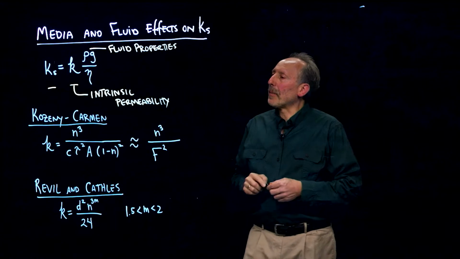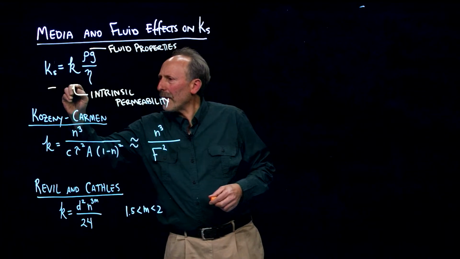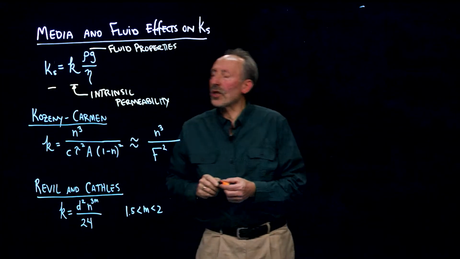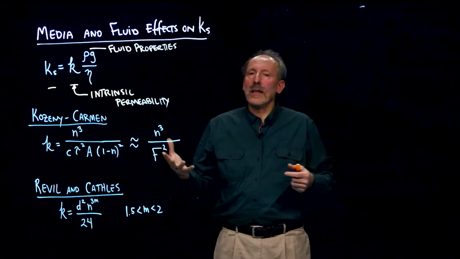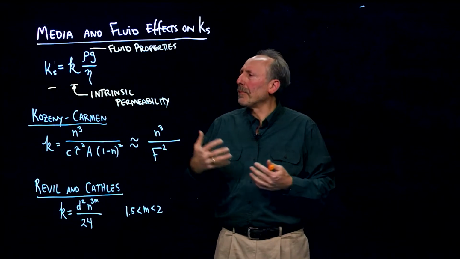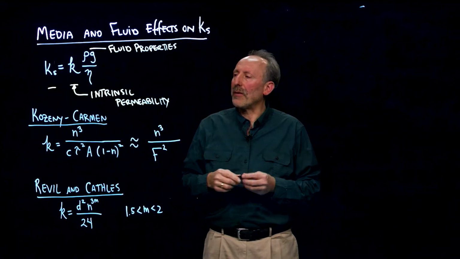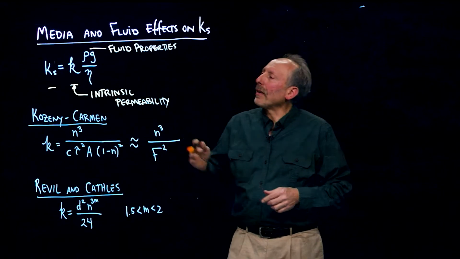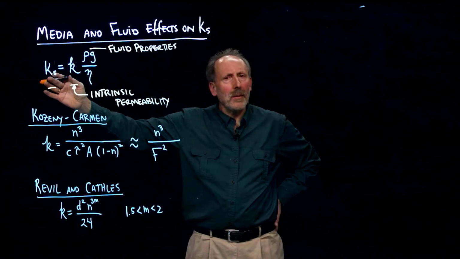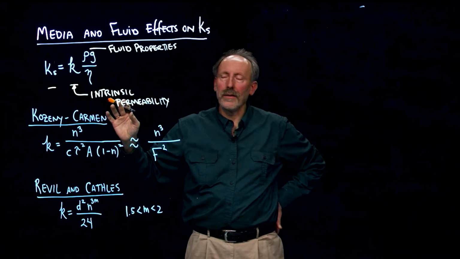So the intrinsic permeability, given by this kappa, has units of length squared. And so you'll often see the conductivity of a medium described by its intrinsic permeability, which will have units of length squared. And what's nice here is that we do an experiment to get the saturated conductivity, for example.